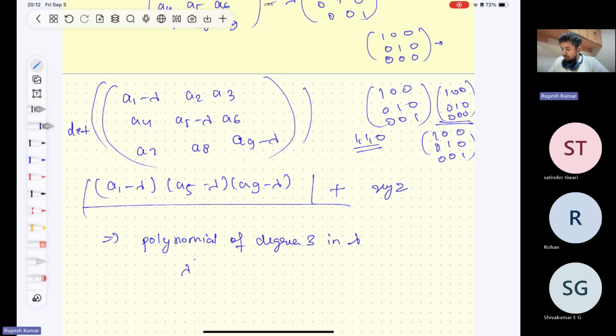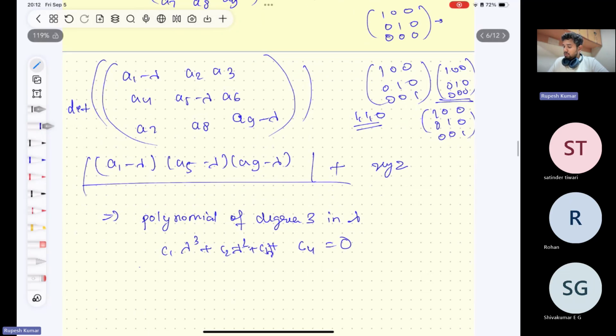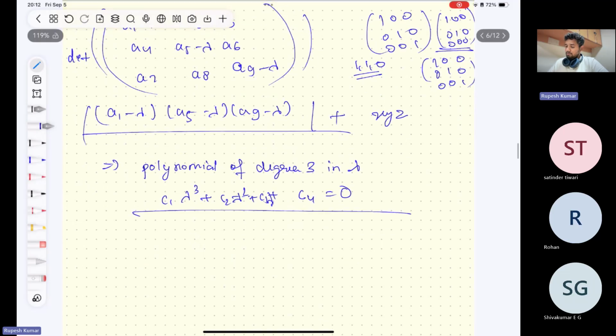So you will get something like C1 lambda cube plus C2 lambda square plus C3 lambda plus C4 equals 0. So this is a cubic equation. You want to find the number of roots, the roots of this equation. It can have 0 as a solution, not always, but there is a possibility.